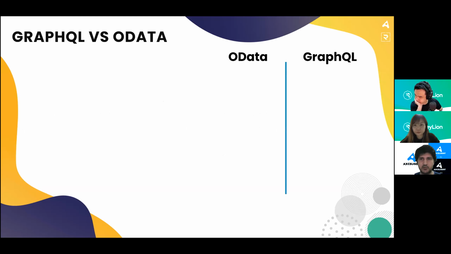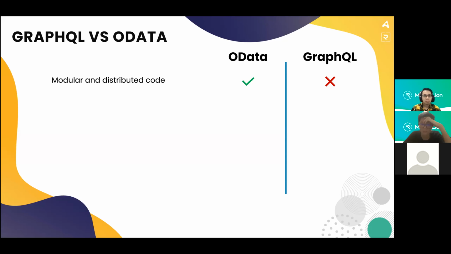Why OData? One of the biggest advantages of OData, I would say, is modular and distributed code. Already you have the controllers, and each controller can do different things. But in GraphQL, you will end up with an enormous and gigantic schema.